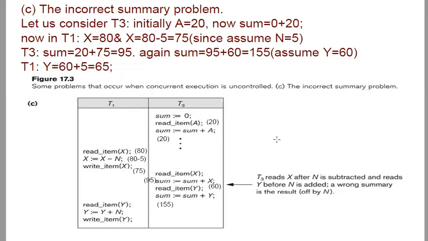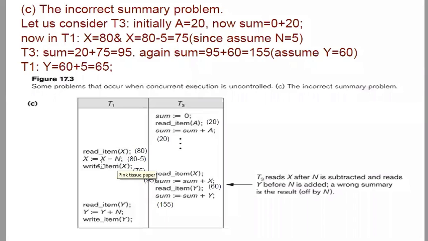In this example, two transactions are given, T1 and T3. The T3 transaction starts initially, sum is initialized to 0, and it reads item A. Assume A equal to 20, so now the sum value becomes 20. Then transaction T1 reads the x value, assumed x equal to 80, and n equal to 5.